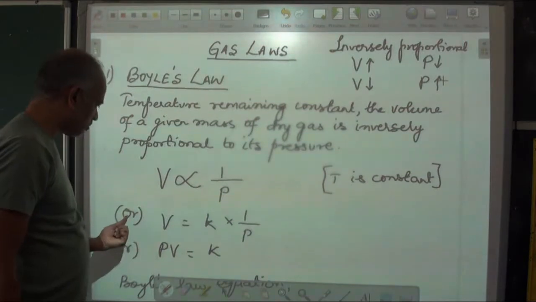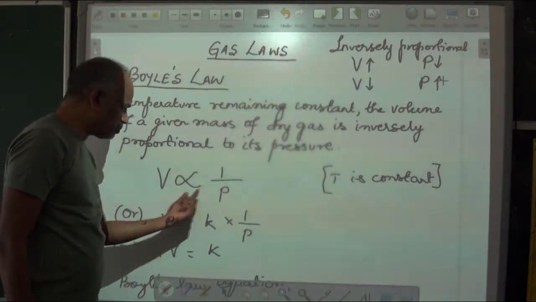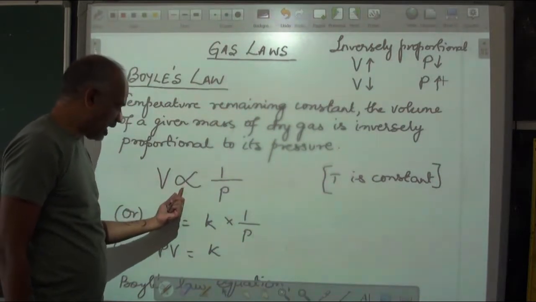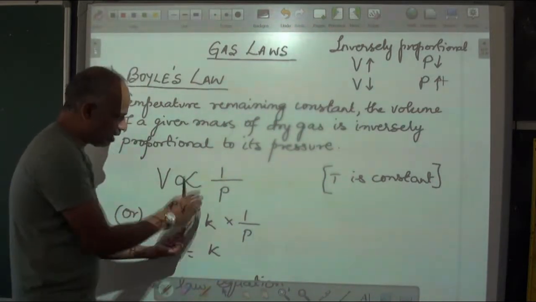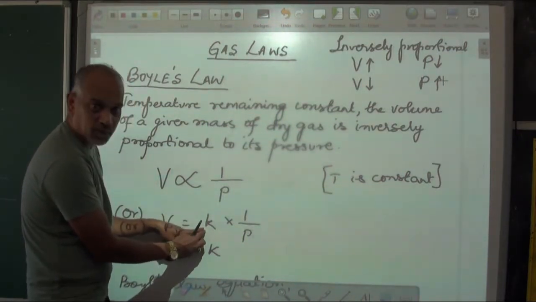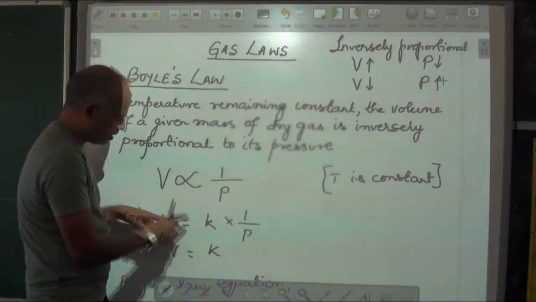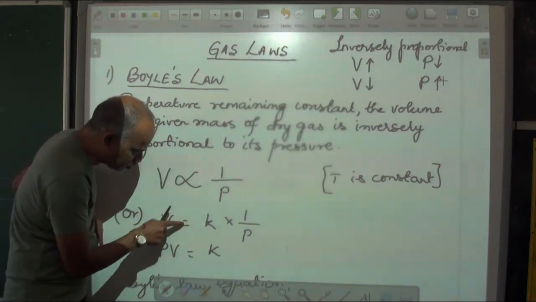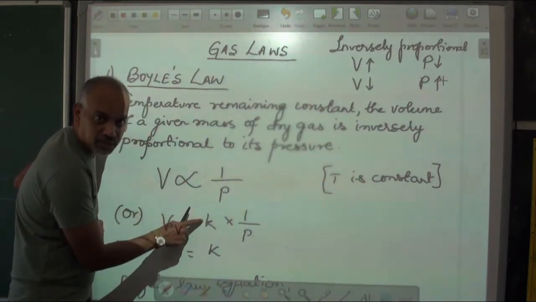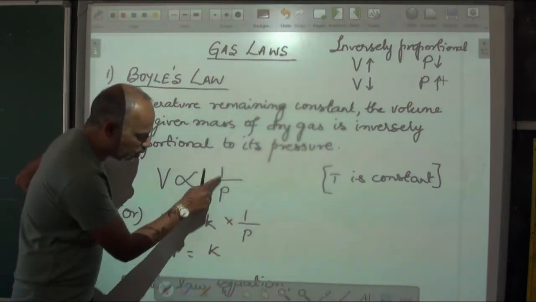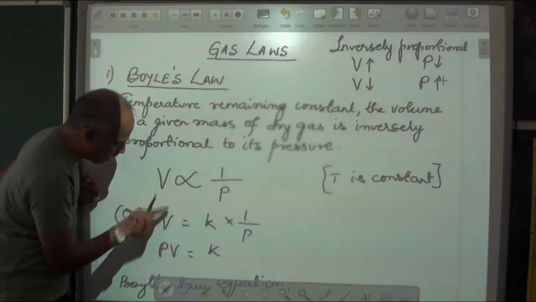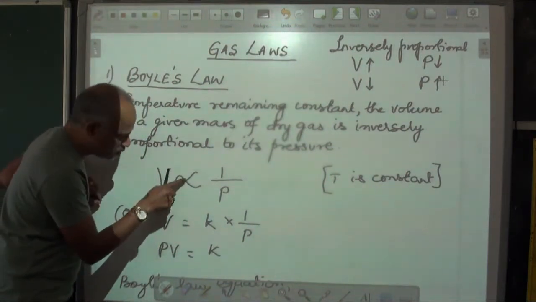Or if I remove this proportionality sign and put an equal to sign, then on this side I have to introduce a constant. The constant I am going to introduce is K. So V equals K into 1 by P. This is the same, the only thing is this has changed to equal to.